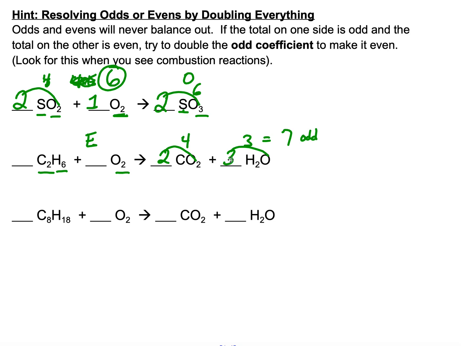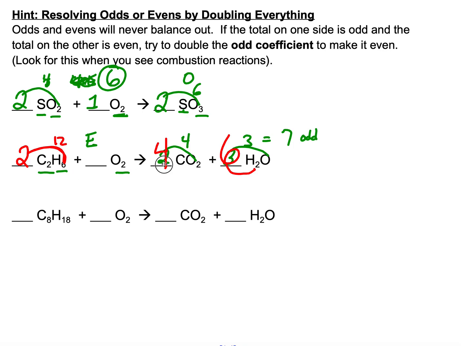That 3 is going to become a, and I'm going to rewrite everything in red here, 3 becomes a 6. The 2 becomes a 4. The imaginary 1 over here becomes a 2. Which makes sense, because if this becomes a 6 now, 6 times 2 hydrogens is the same as 2 times 6, whatever way you want to look at it, but it's 12 hydrogens.